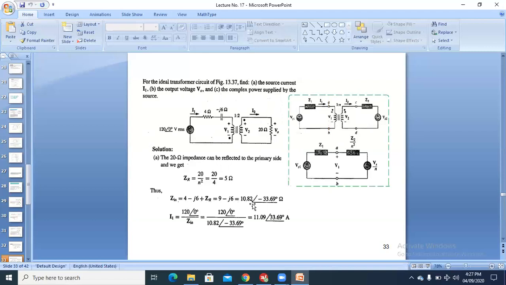So that is the total input impedance of the network. And when we divide V1 by this input impedance, we will get the value of I1.